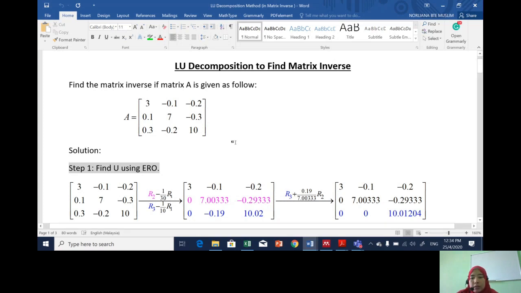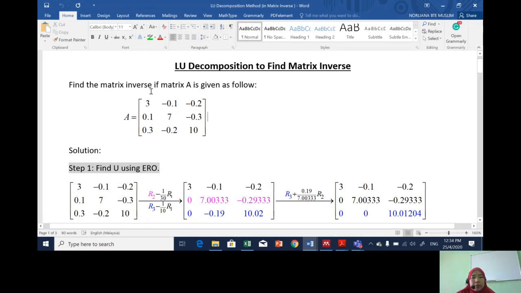But this one is a numerical method based on LU decomposition. We want to find the inverse of this matrix A, denoted by A to the power of negative 1. It's just a notation, but it means the inverse of the matrix.